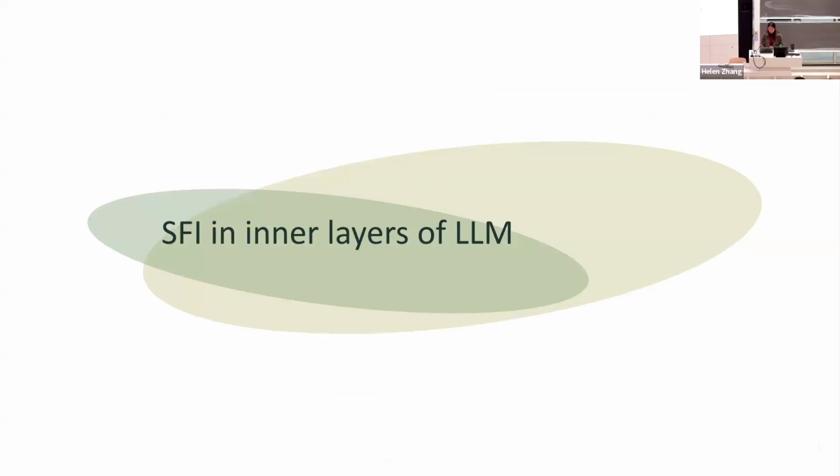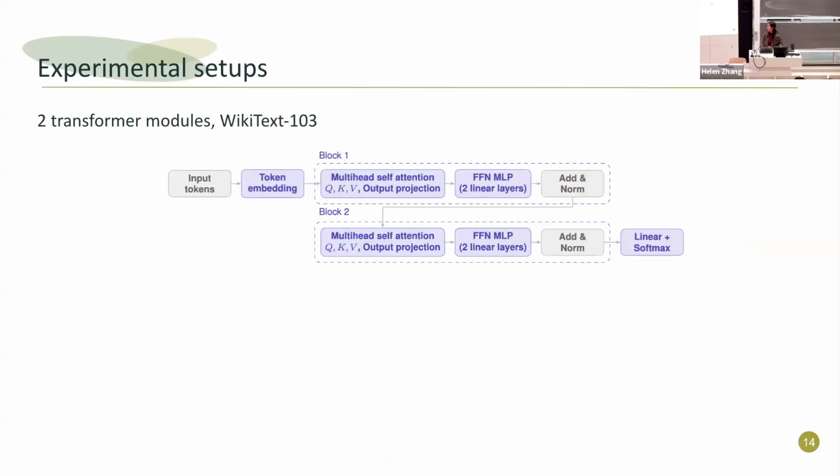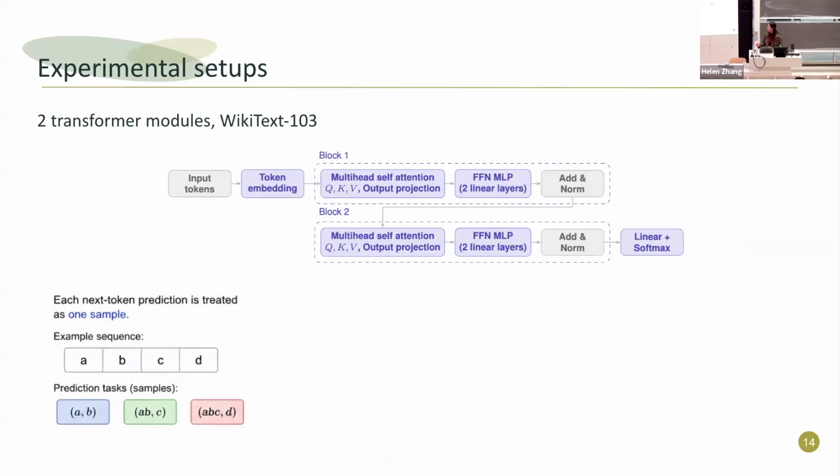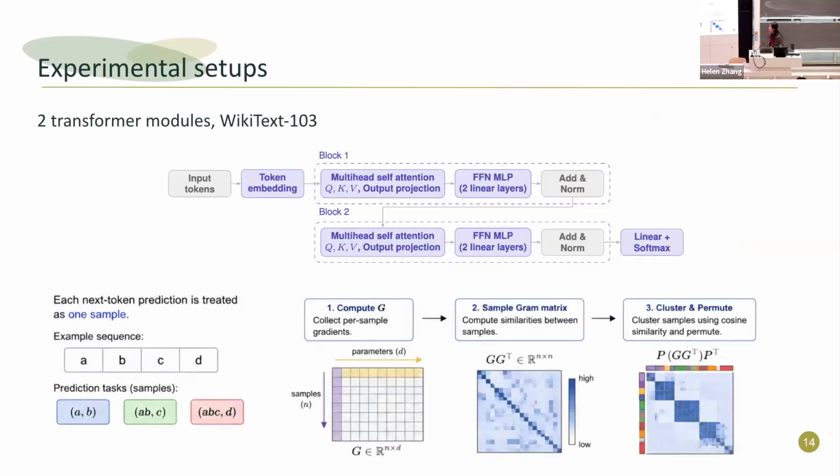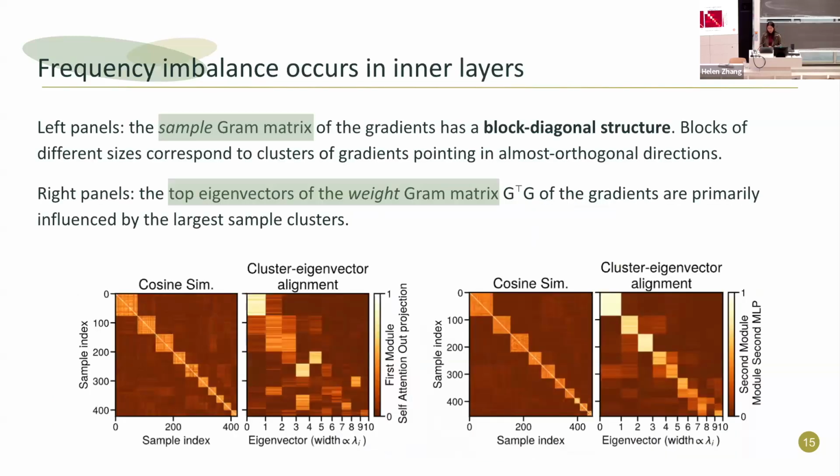And yes, some small experiments on a two-layer neural network. Here we treat the examples as diagram examples just to look at what the structures are. We compute the gradients and sample the gram matrix between examples and see if the structure actually exists in the network.